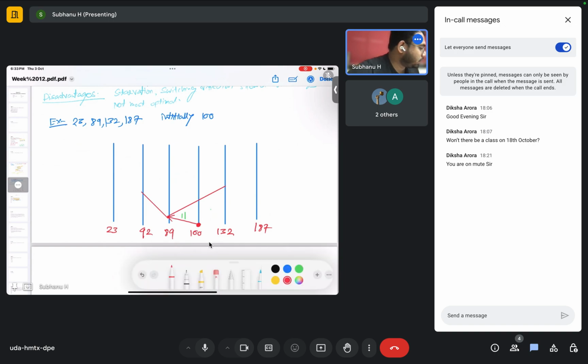If I go to 42, then I have 47, and if I go to 132, I need only 43. Though it looks two sticks away, it is just one stick away. So I will not be choosing 42, because 47 is the longest one. Got it?